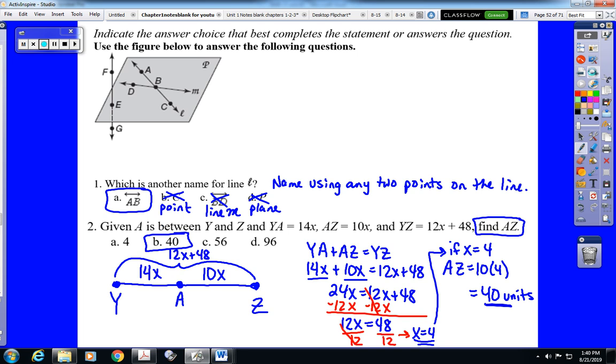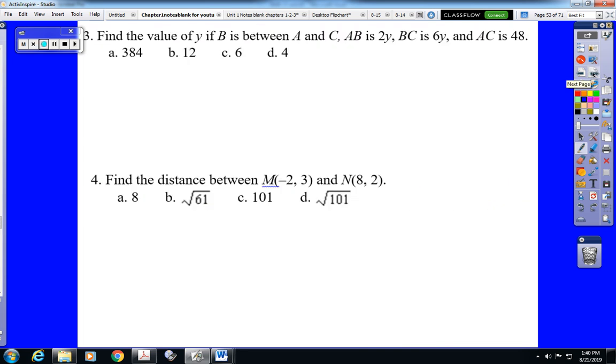Number 3 is exactly the same style of question. We should draw a picture. It says B is between A and C. AB is 2y, BC is 6y, and the entire length of AC is 48. Find the value of y.